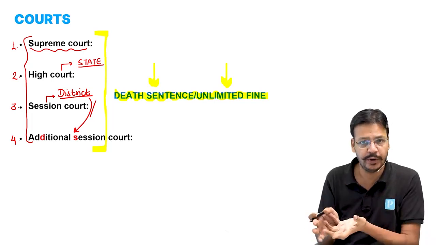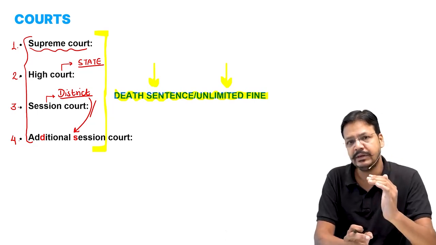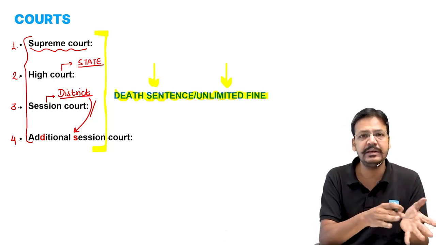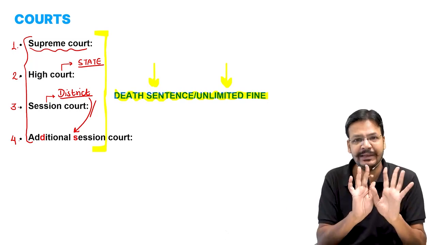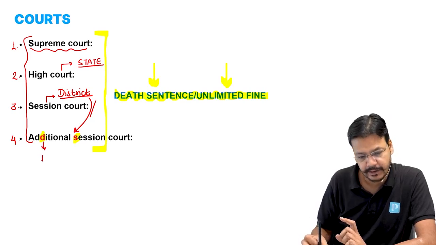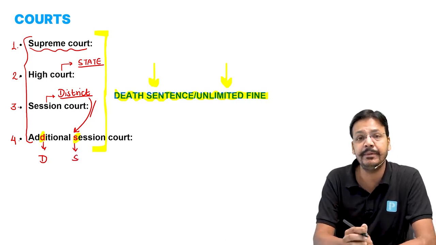I'm going to discuss the lower courts also, but first I'll discuss the higher courts. Also, if you are confused between additional session and assistant session punishment, just see, additional has D and S. Very simple, unforgettable trick. Additional session court has D and S. That's the maximum punishment given, death sentence or unlimited fine.